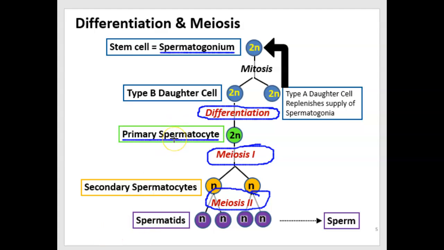Then we underwent meiosis to eventually, after the second meiotic division, make spermatids. These are still not functional, and they're still embedded in the wall of the seminiferous tubule. These spermatids still have to mature into functional sperm, and that involves another process, and we're going to talk about that in a little bit.